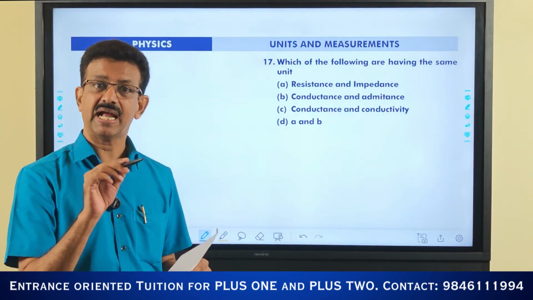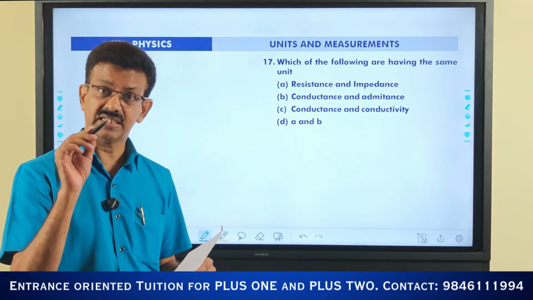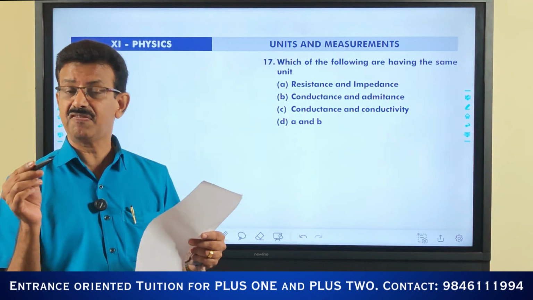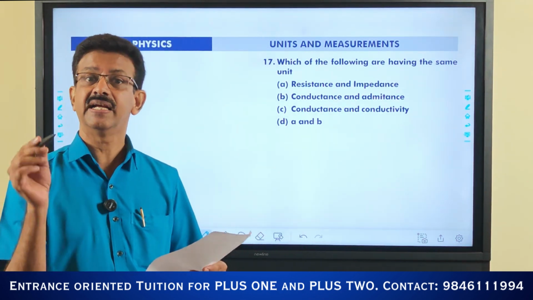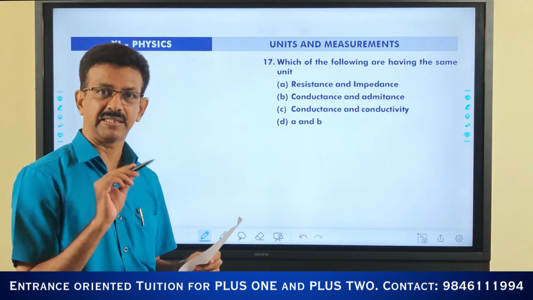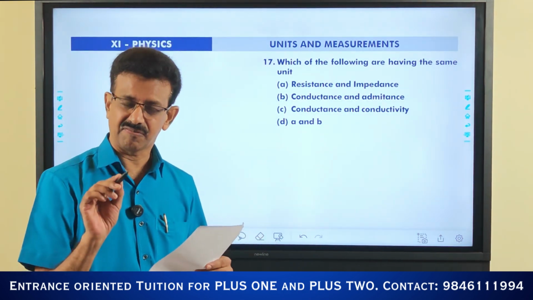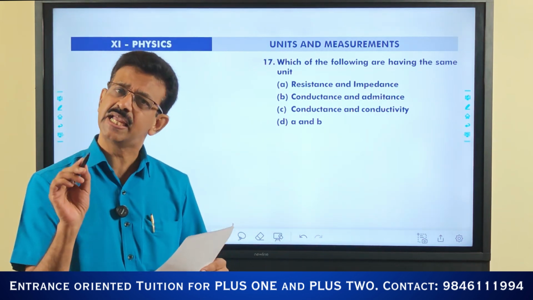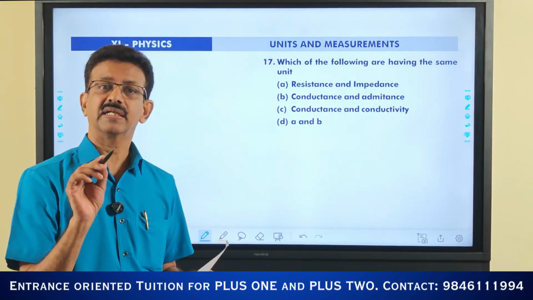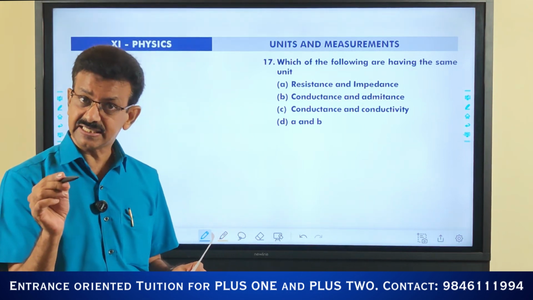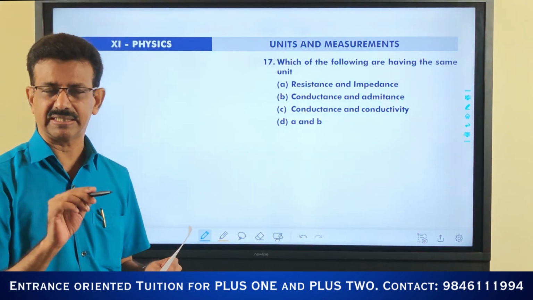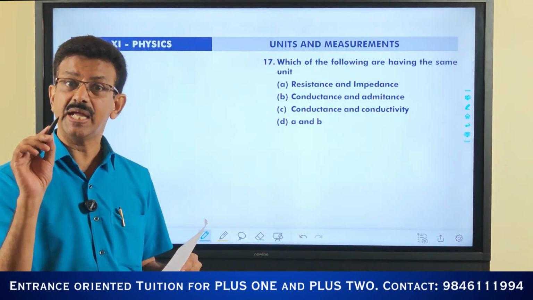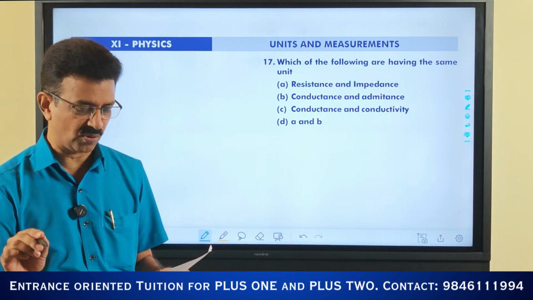Impedance includes the influence of resistance, inductor, and capacitor. The net resistive effect of the entire circuit in an AC supply is called impedance. Therefore, resistance and impedance have the same unit, ohm.